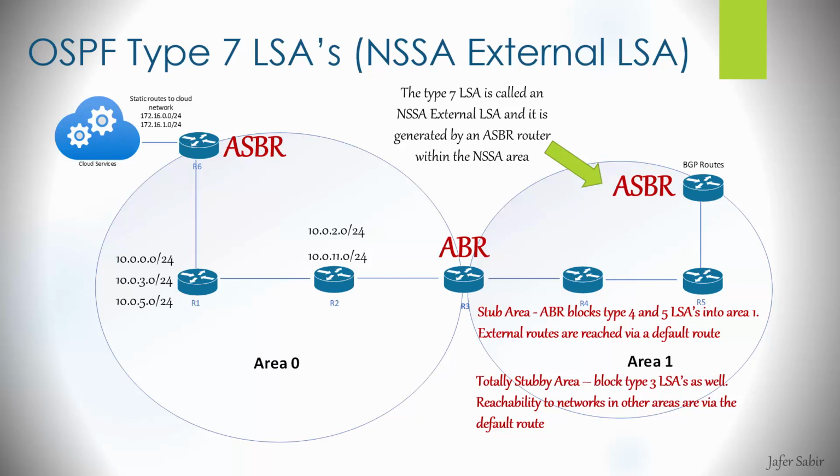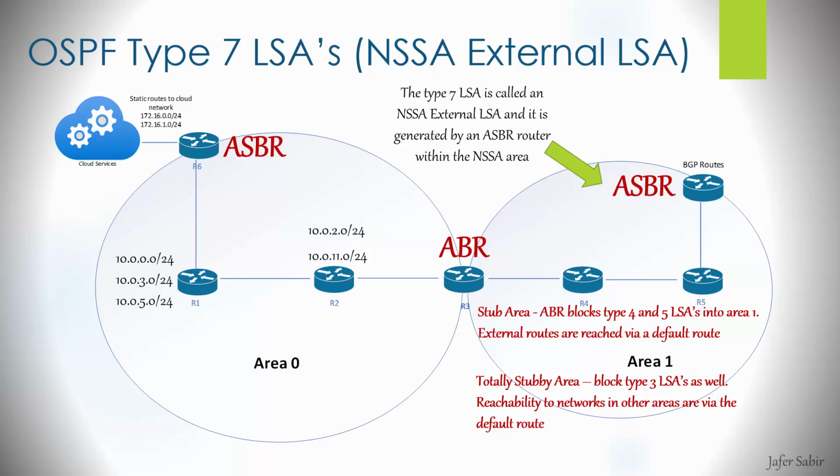So as a way around this, OSPF camouflages them in a Type 7 LSA instead. So the Type 7 LSAs are really Type 5 LSAs camouflaged or masked as Type 7 LSAs so that the area doesn't block them, and now the area has become an NSSA area, or a totally not so stubby area. It's basically a stub or totally stubby area, but lets you redistribute external routes such as static routes, BGP or whatever.